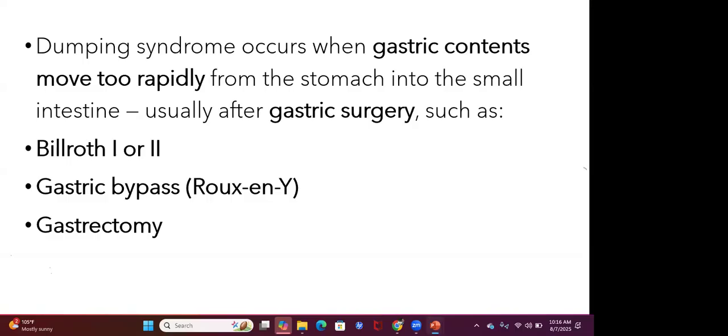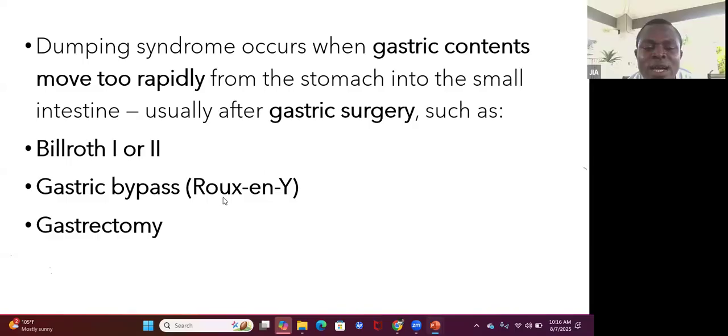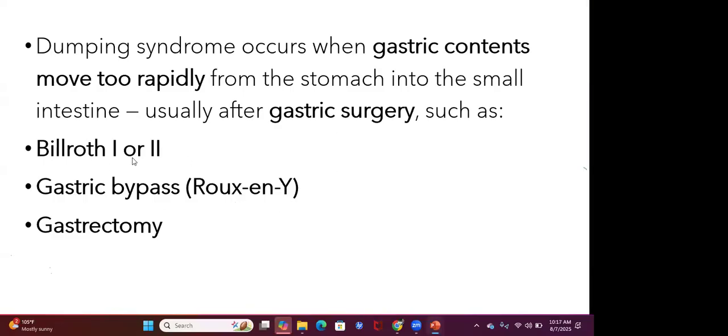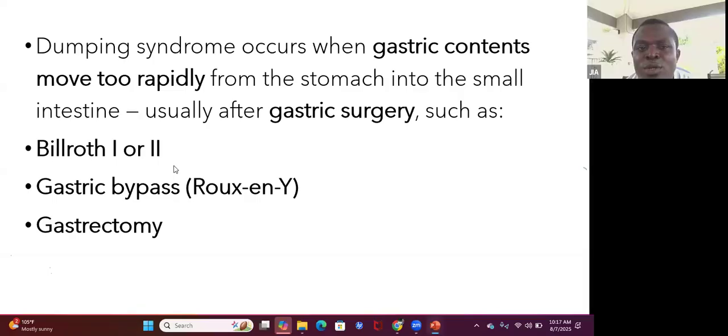I'll explain what they are in the next slide with a picture. Then Billroth 1 and Billroth 2. So in all, at the end of the day, parts of your stomach or all of it will be removed among these three. And when it's being removed, it's like resection and anastomosis.